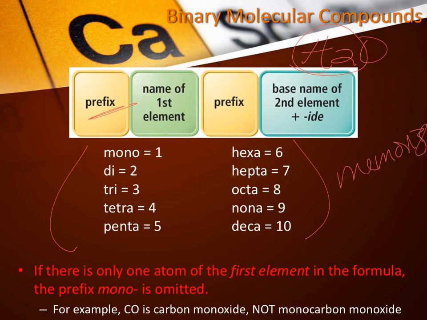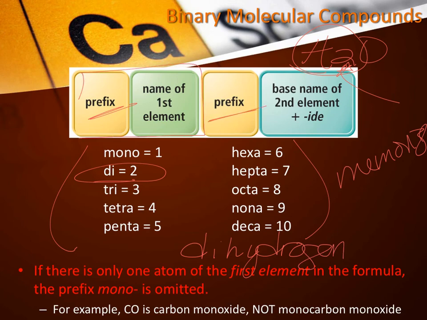So look at the formula for water. We have 2 hydrogen atoms. The prefix is di, so you would write dihydrogen. And so we've got this part done. Then you need a prefix for the second element, which is oxygen. There's only 1 oxygen, so we are going to say mono.